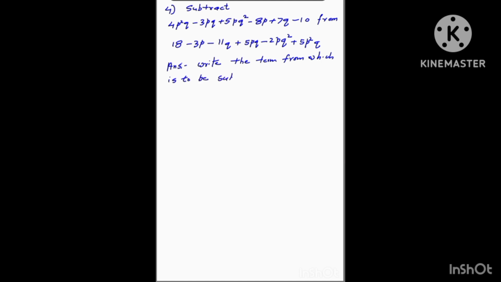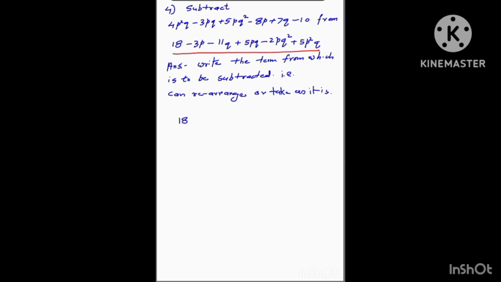I am not presently arranging them in any order, because there is no hard and fast rule. So I am just copying the polynomial from which you have to subtract another one. You can even rearrange, or you need not rearrange.